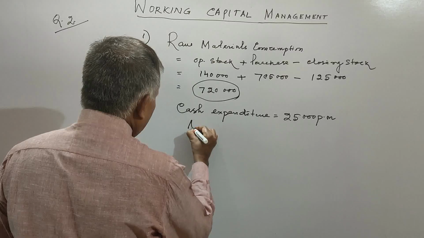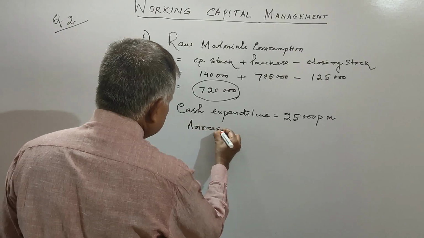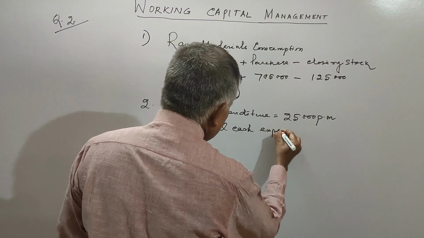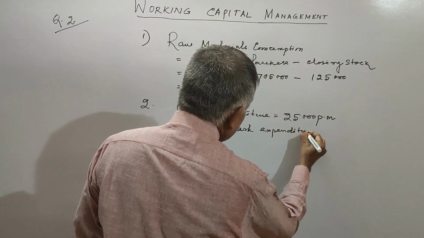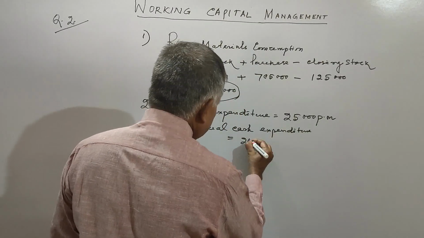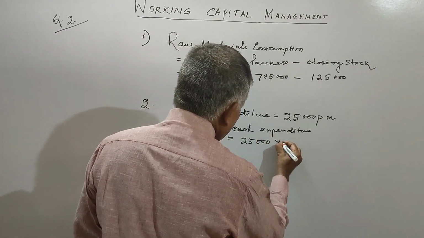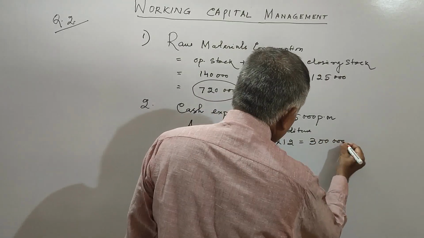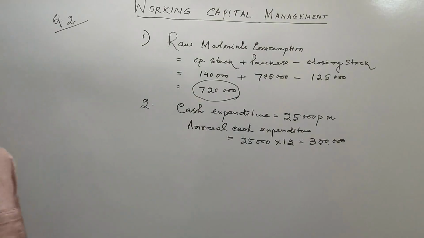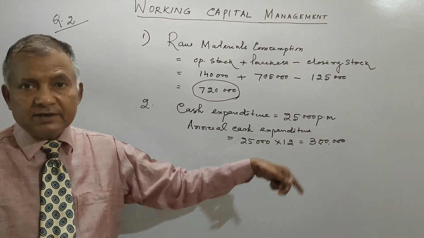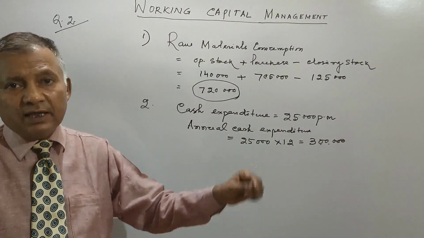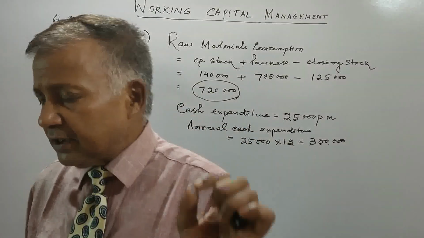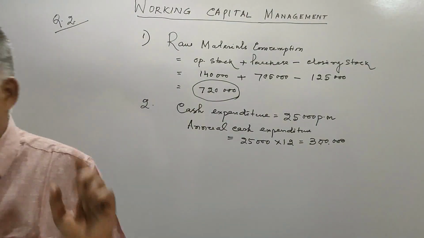And annual cash expenditure, 25,000 into 12, will give you 3 lakhs. So annual cash expenditure is 3 lakh. Cash expenditure means it does not include the element of depreciation, because depreciation is a non-cash expenditure.